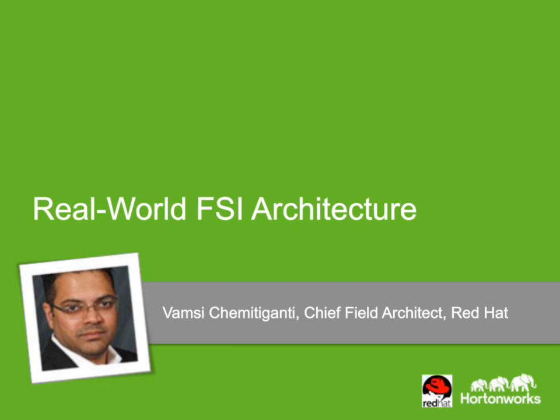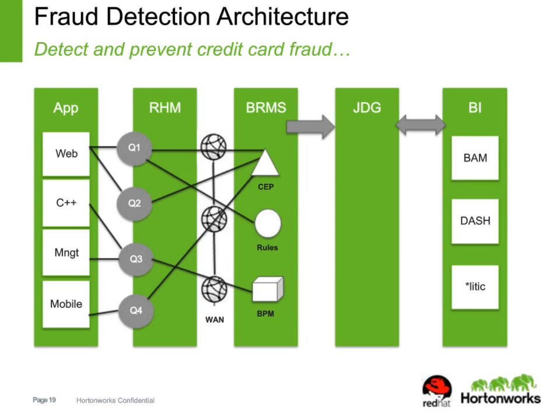So the first architecture that we have here is a fraud detection architecture. As you all can imagine, fraud and in general, information security is a big challenge for a lot of financial companies at this point. And these are typically retail banking institutions that have operations like core banking or credit cards.